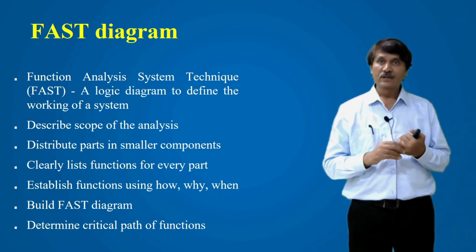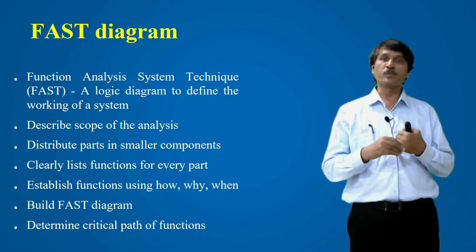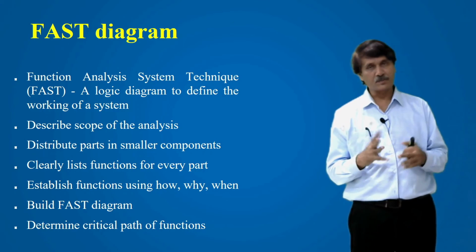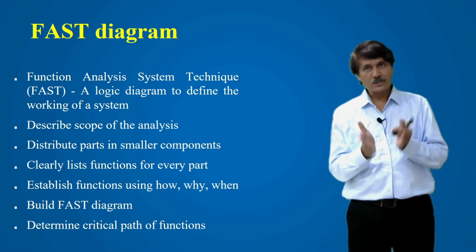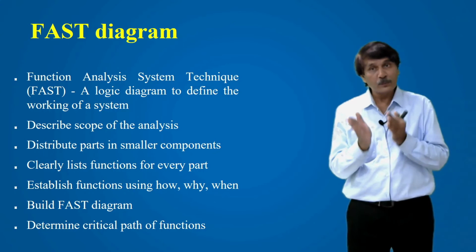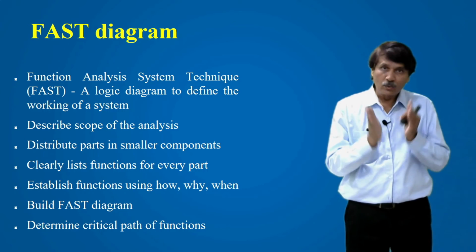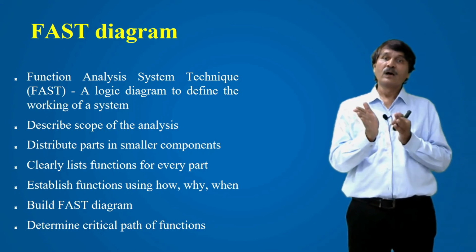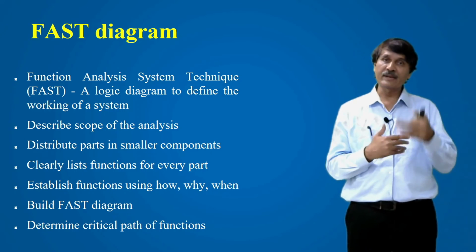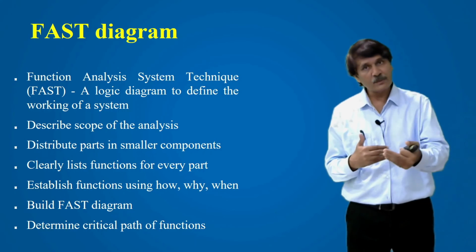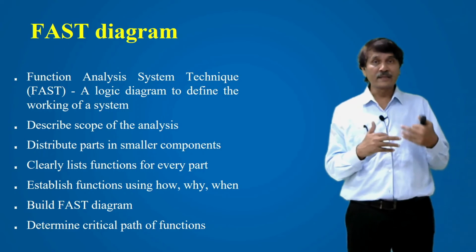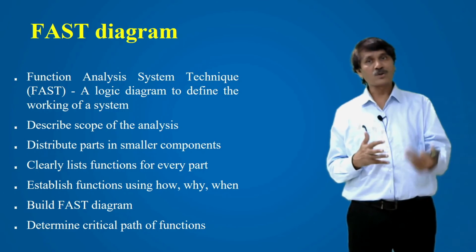So in this case you first describe the scope of the analysis. Second is to distribute parts into smaller components, because when you split parts into smaller components, then you would be able to know a real picture of in what way these components are going to have an effect on the performance of the product, on the quality of the product, and in what way they are increasing the cost of the product.